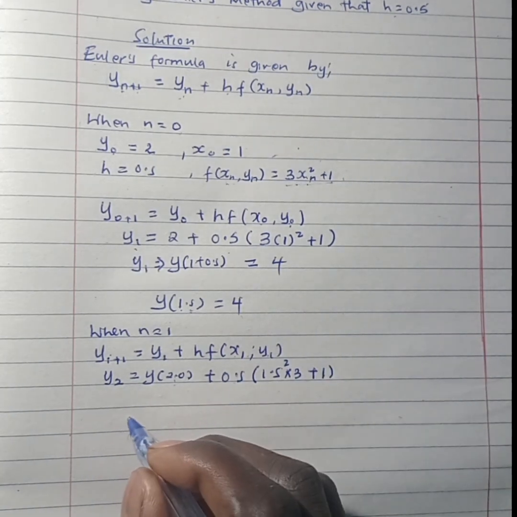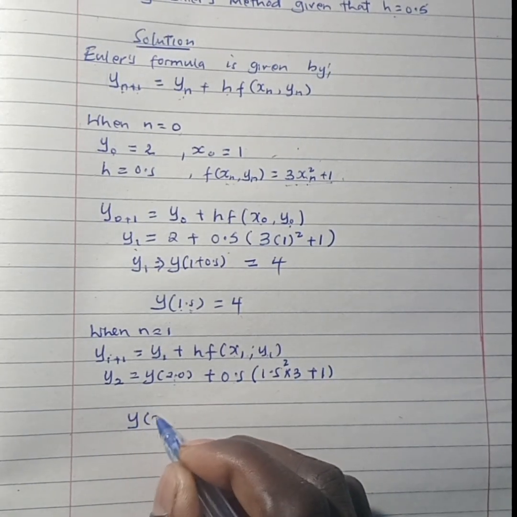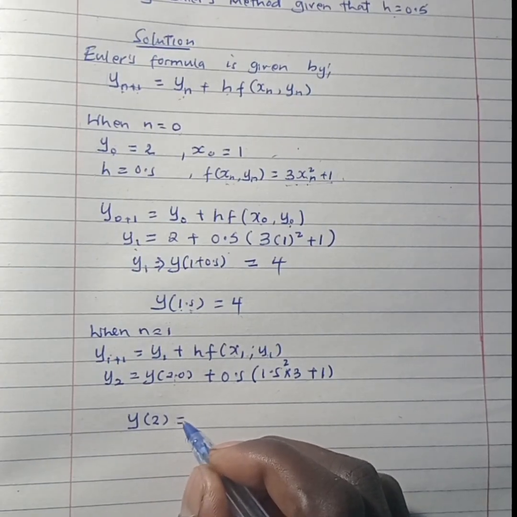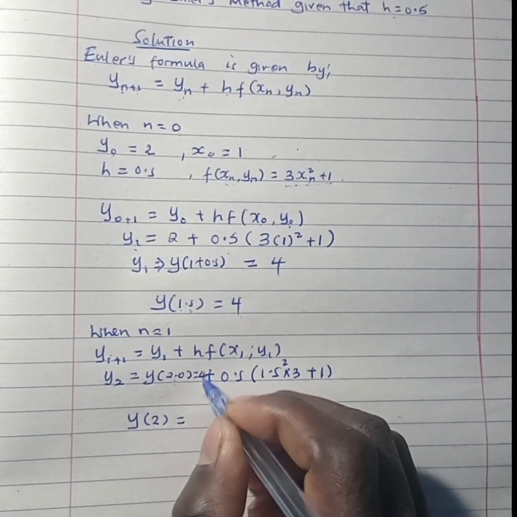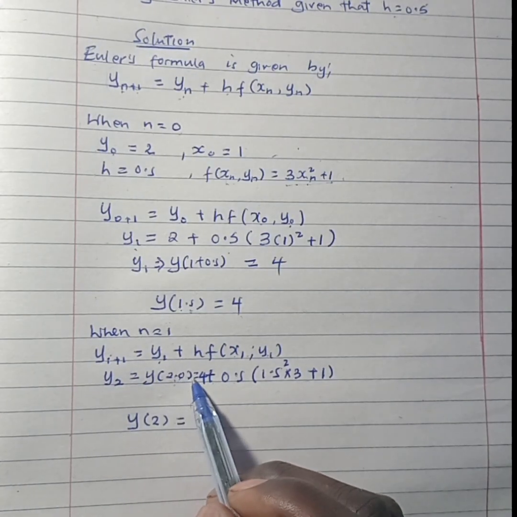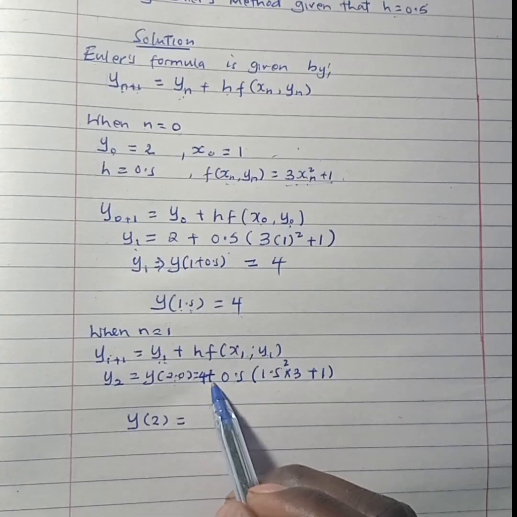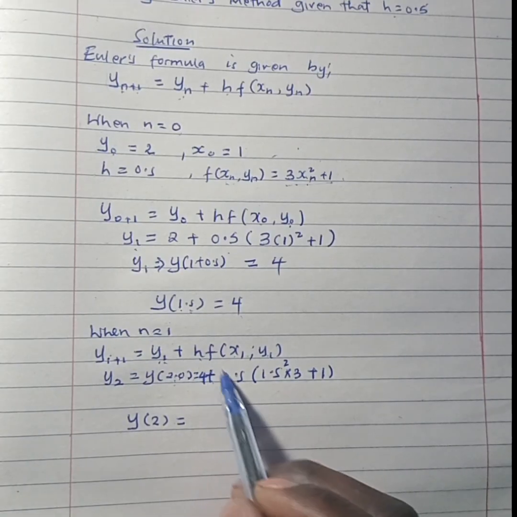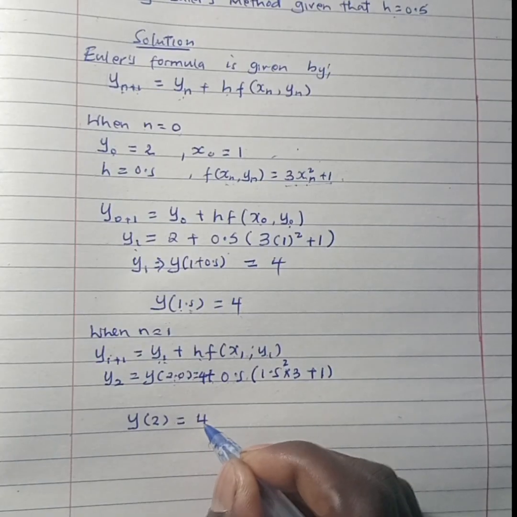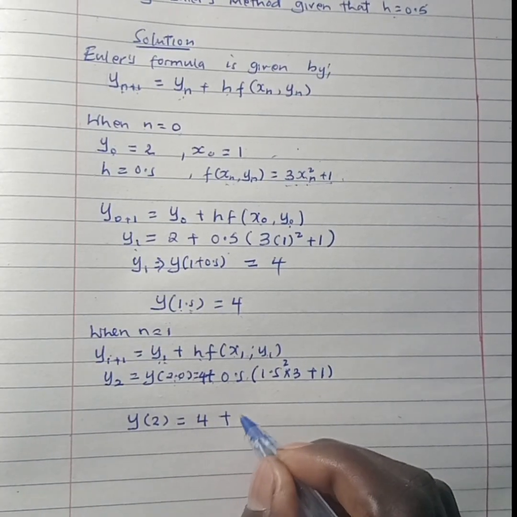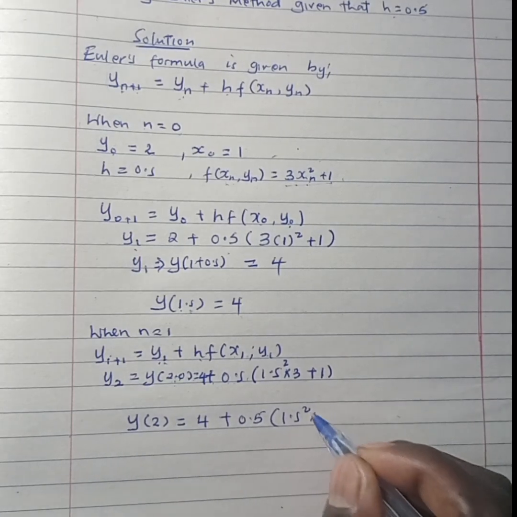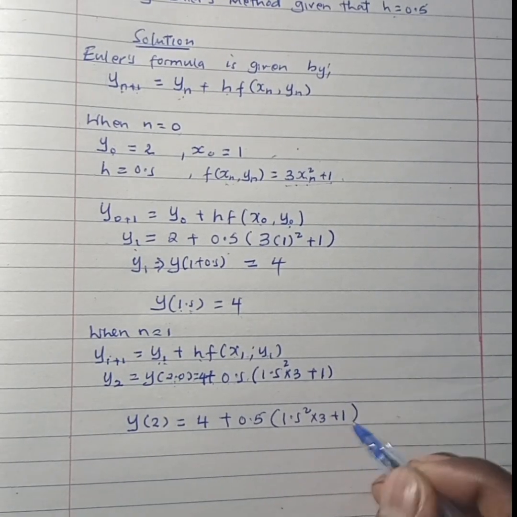So this means that y of 2 is equal to 4, the value of y1, plus 0.5 into the function. So y of 2 equals 4 plus 0.5 into 1.5 squared multiplied by 3 plus 1, close the bracket.